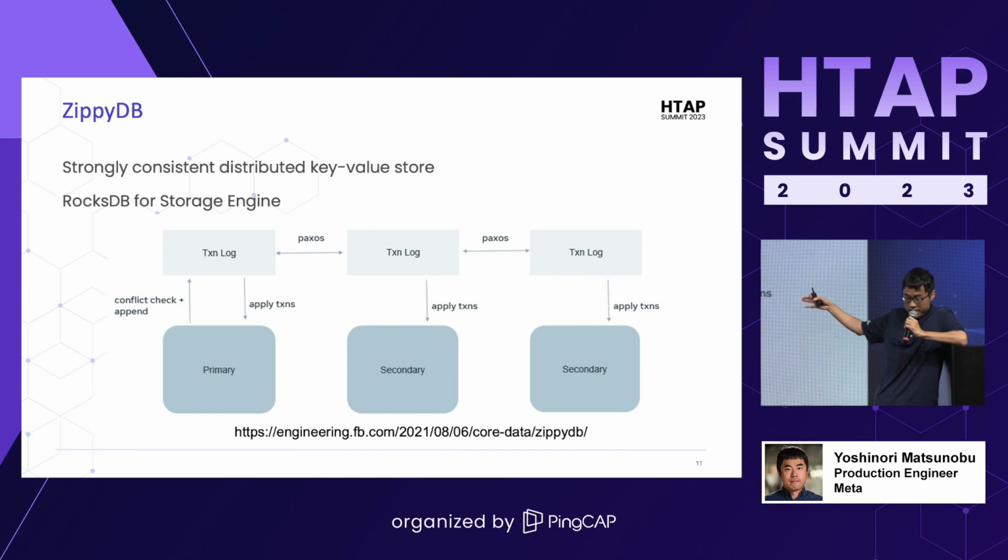It's a distributed, strongly consistent key-value store with a single-primary, multi-replica model, using RocksDB as the backend storage engine. You write to the primary instance, which does a conflict check, then writes to the transaction log, replicated over Paxos, and applies to the replicas.